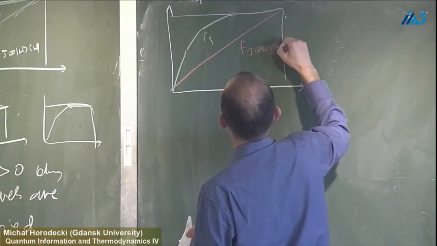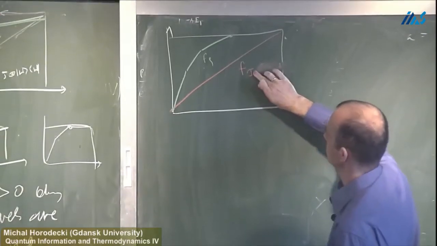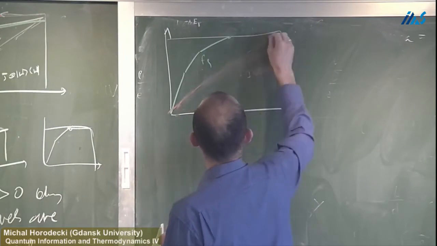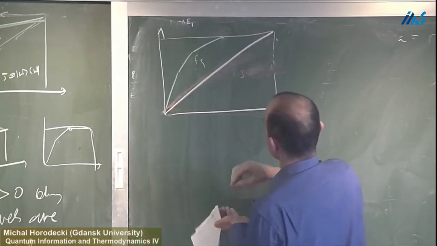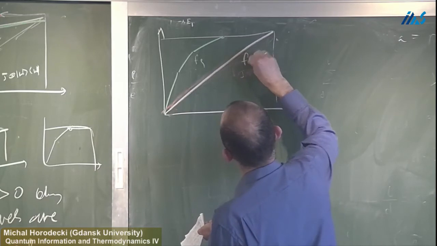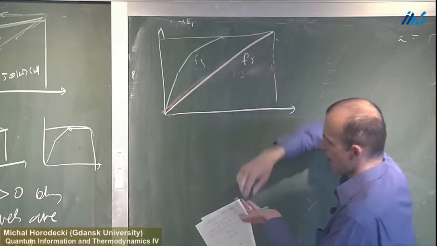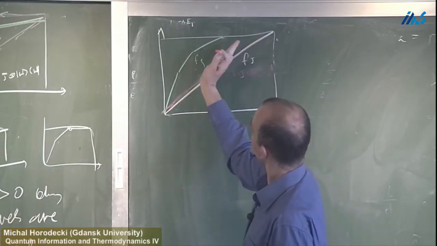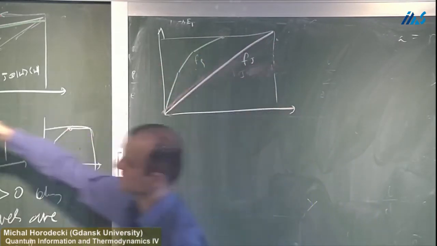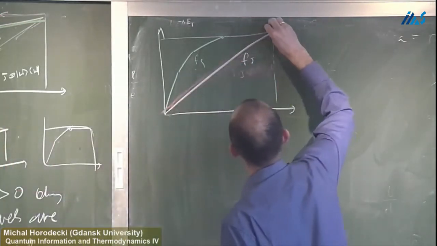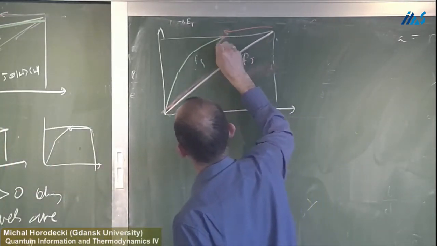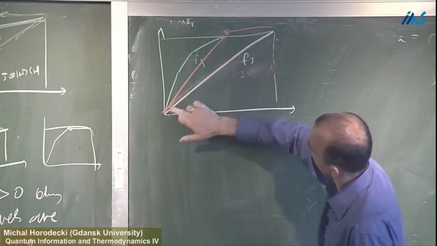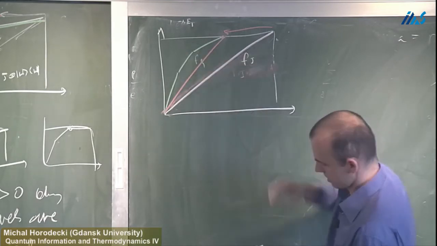Sorry, this should be the original one, so that's simply F tau, a Gibbs state. And then how much work can I add to the Gibbs state for my diagram to still be below this, so that this is possible? So I can go until here. This is the maximum I can do, because then this diagram is still below that one.